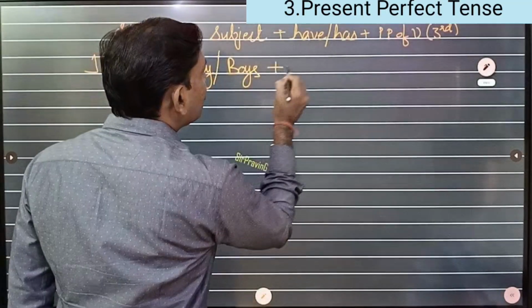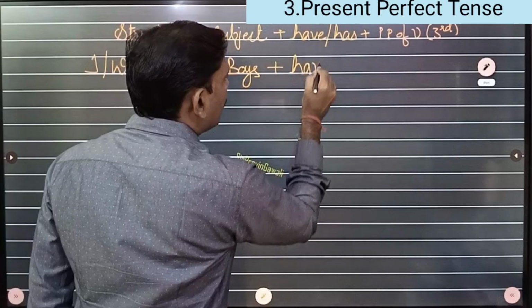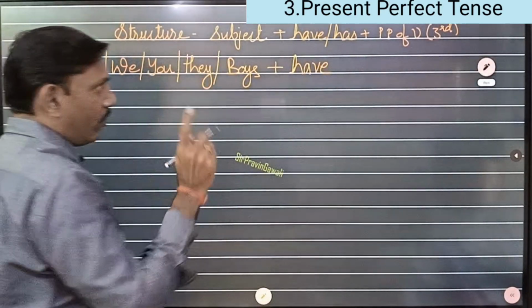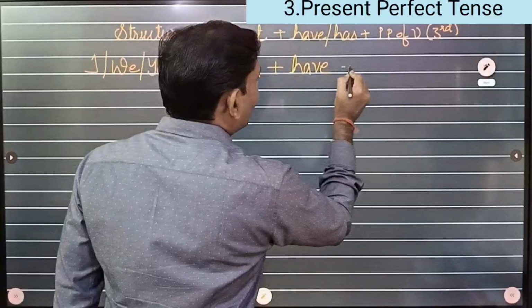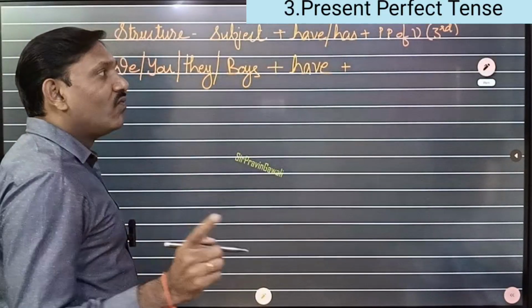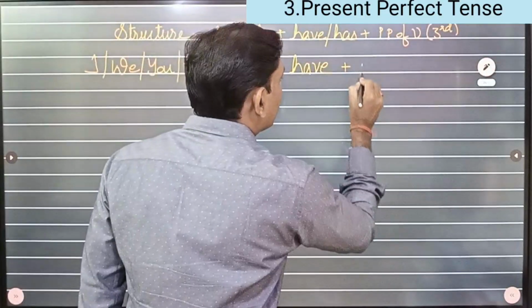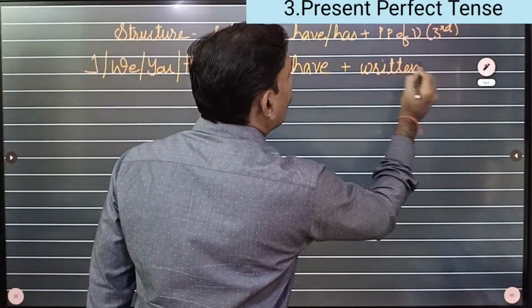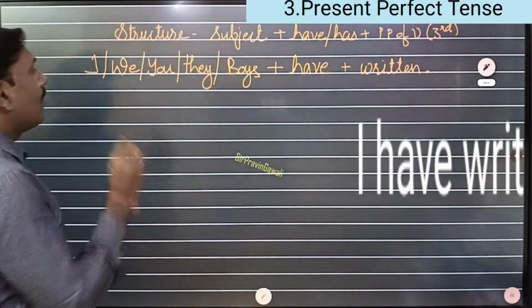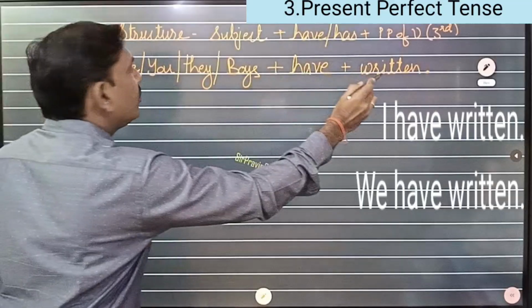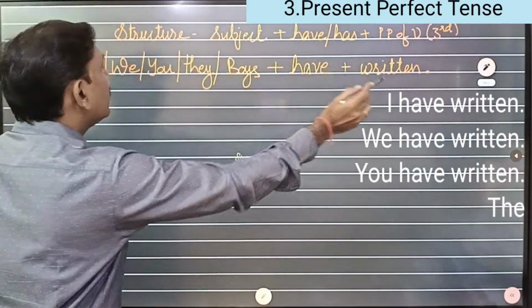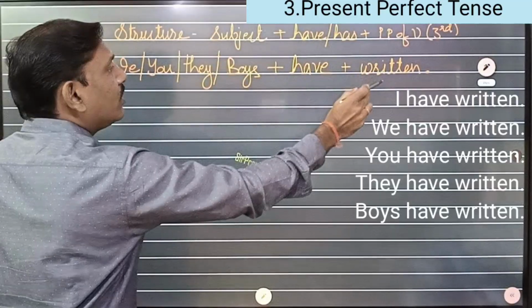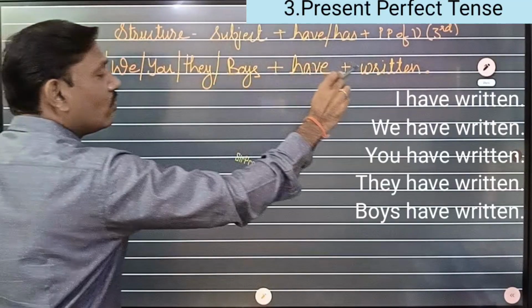In front of this we need to take have. Okay, it will take the have form of have. Okay, and after this the past participle of verb, for example written. Written is the third form of write. Okay, for example now, I have written, we have written, you have written, they have written, boys have written.